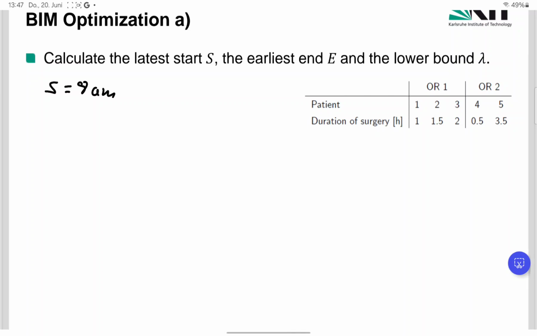In operating room 1, we start at 8 a.m. plus the first patient requires a duration of 1 hour, the second 1.5 hours, and the third one 2 hours.